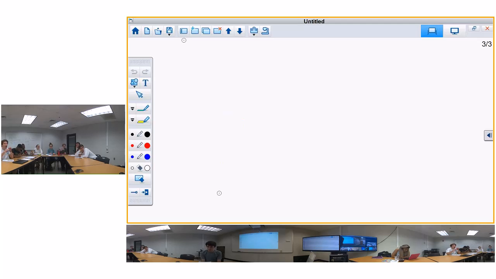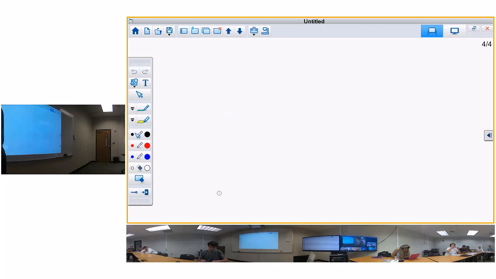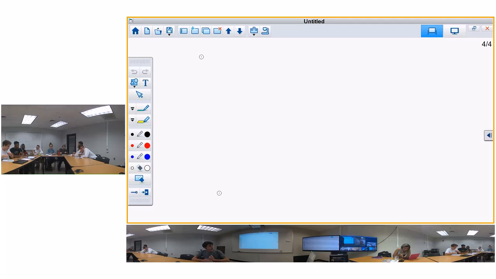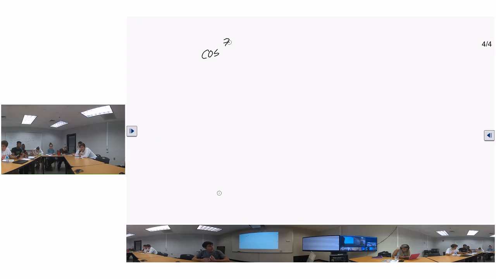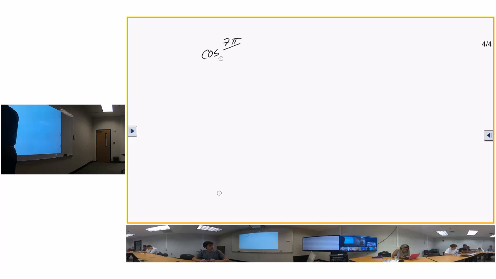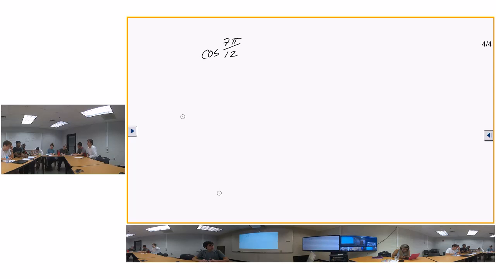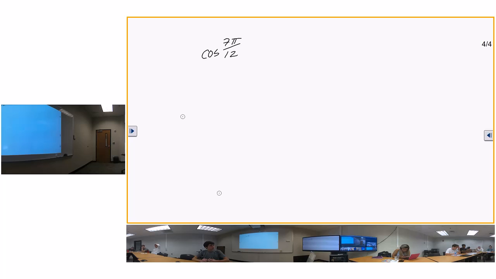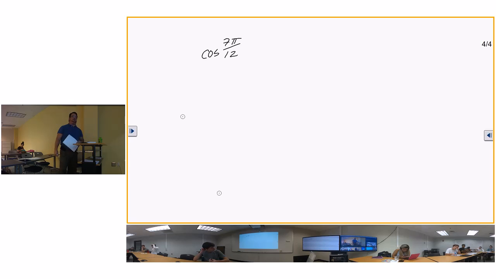All right, sum and difference. Cosine of 7 pi over 12. They want you to use the sum and difference. What's the first thing you do when you see a problem like this? Find out where you are.